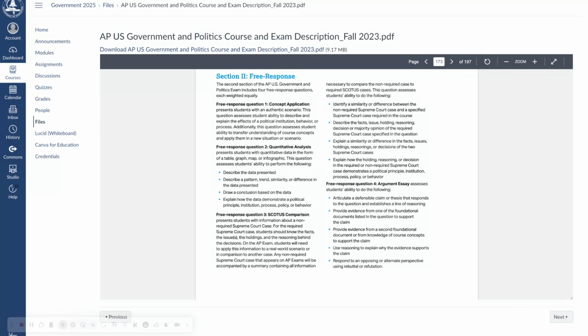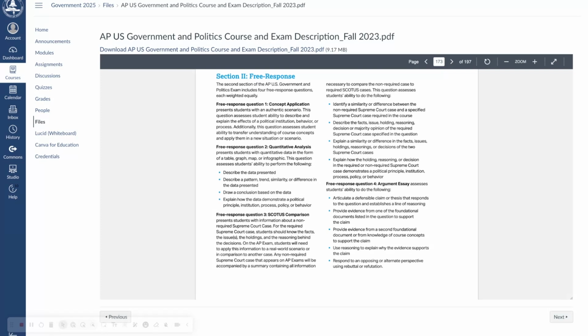Provide evidence from one of the foundational documents listed in the question to support the claim. Provide evidence from a second foundational document or from knowledge of course concepts to support the claim. Use reasoning to explain why the evidence supports the claim. And respond to an opposing or alternate perspective using rebuttal or refutation.